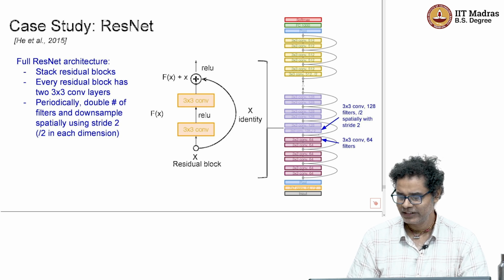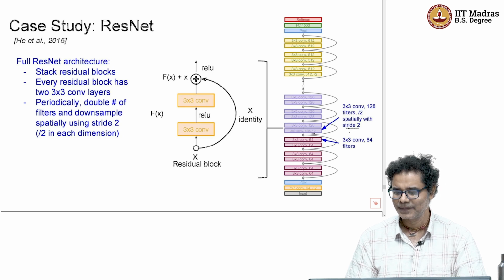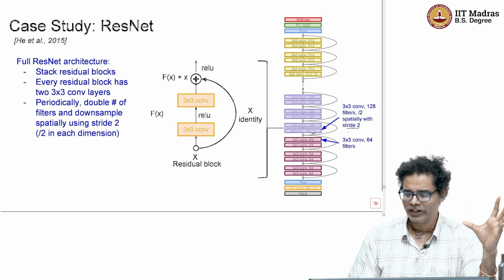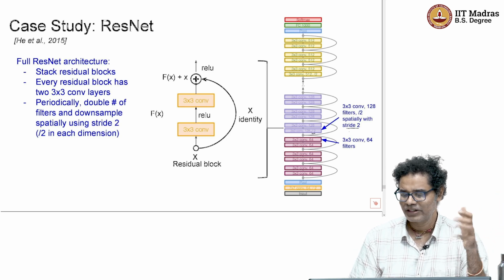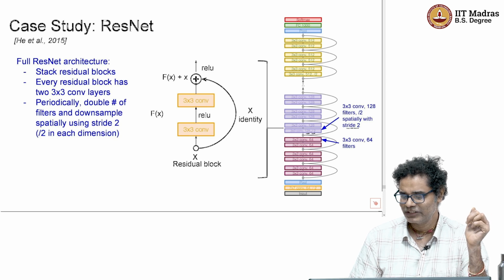For example, here we can see this divide by 2 sign, which means we are doing a stride of 2, which reduces the spatial size by half along both the horizontal and vertical direction, and at that time we increase the number of channels.